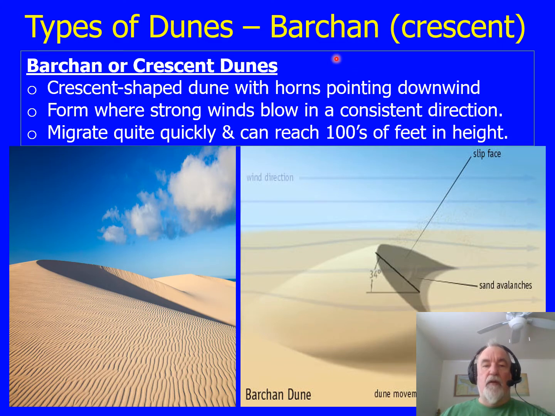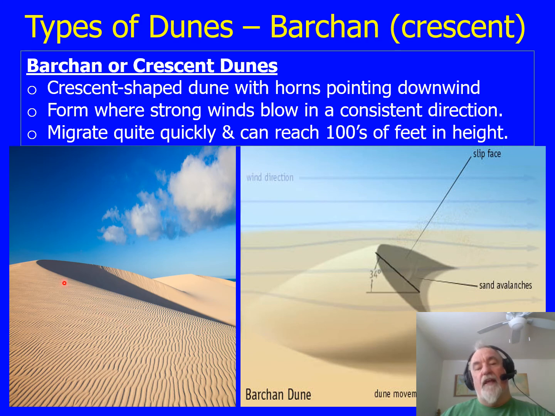So the first one, a Barkan or crescent dune. If you were to draw a sand dune, this would be the one you would probably do. It's called a crescent dune because it has a crescent shape, kind of like the quarter moon shape, which we would call a crescent moon. Or think of the bread product, a croissant. So it's croissant shaped.